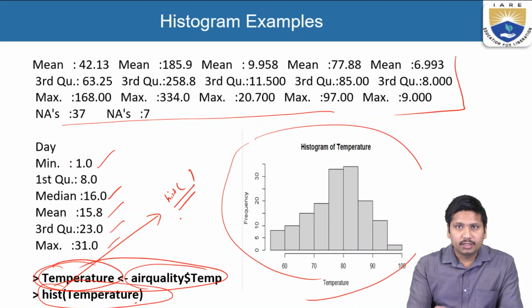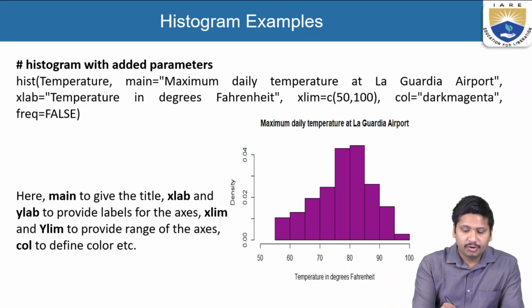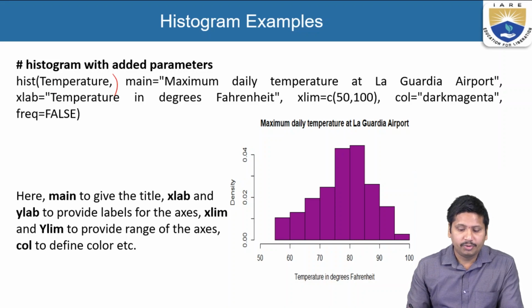Okay, so from the data set, if I'm going to construct a histogram, hist is the function for representing this. Then from this hist function, what additional parameters can be added? Previously I inserted the attribute like hist of temperature.